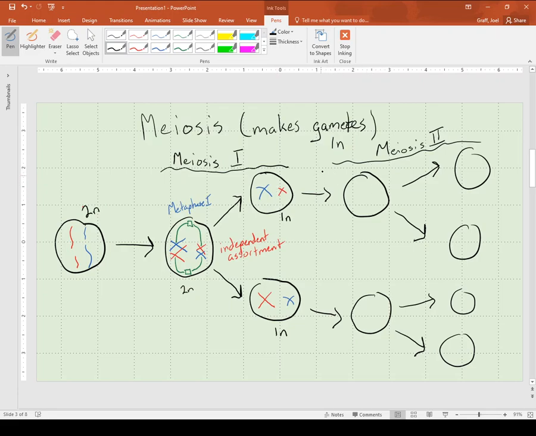Okay, so let's carry this out into, we're going to skip some steps here and we're going to jump all the way to Metaphase 2. It happens in meiosis too.